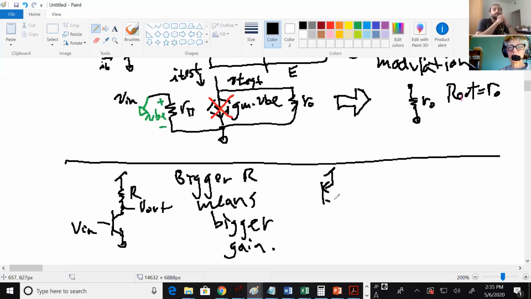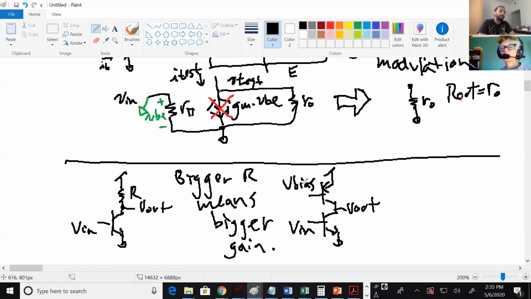So we replace that with an active load and V bias. My next question to you is, we're using this active load right here in place of the resistor.